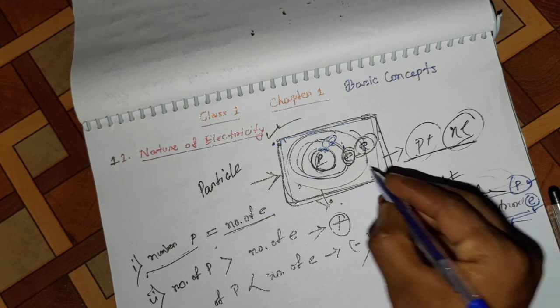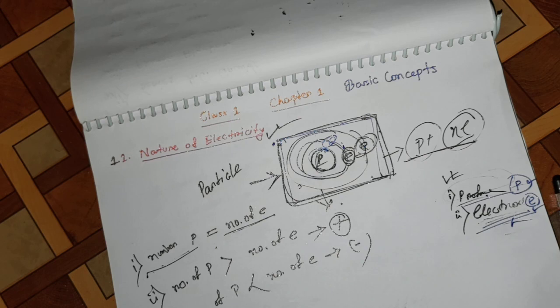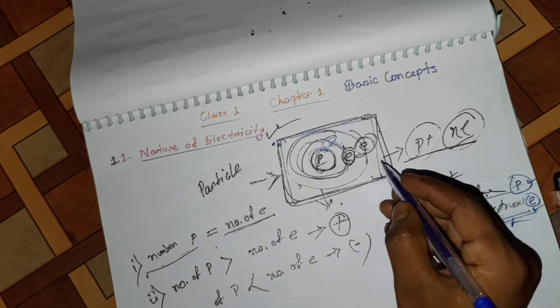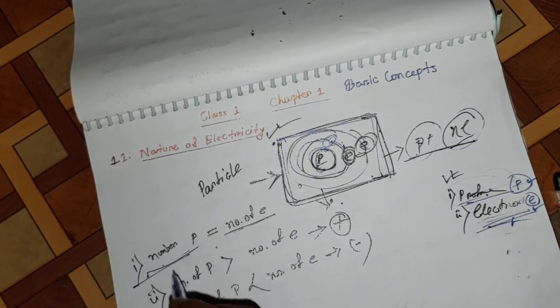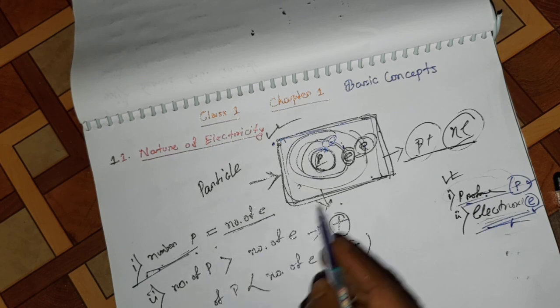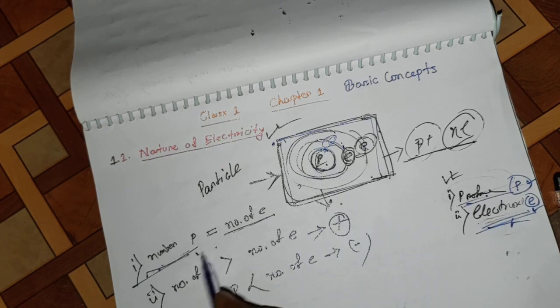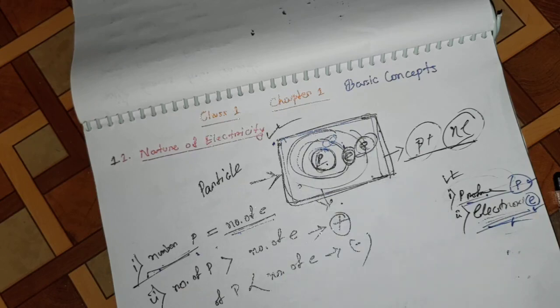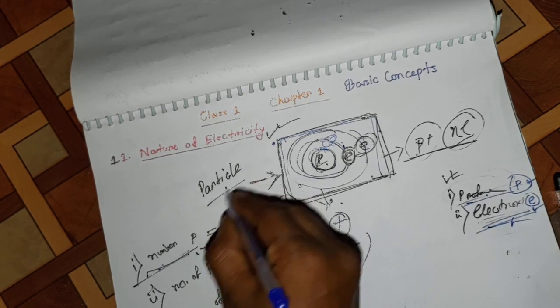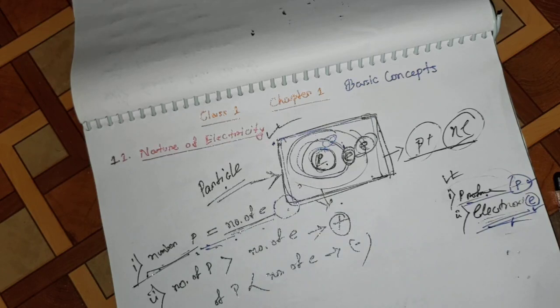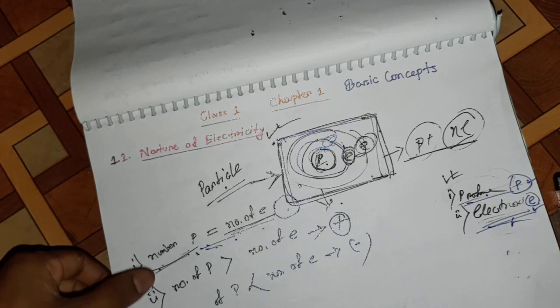Whether this particle is electrically charged or not depends on the number of protons and electrons. In the first case, if the number of protons at the center is equal to the number of electrons in the outer parts, then the particle is neither positively nor negatively charged.